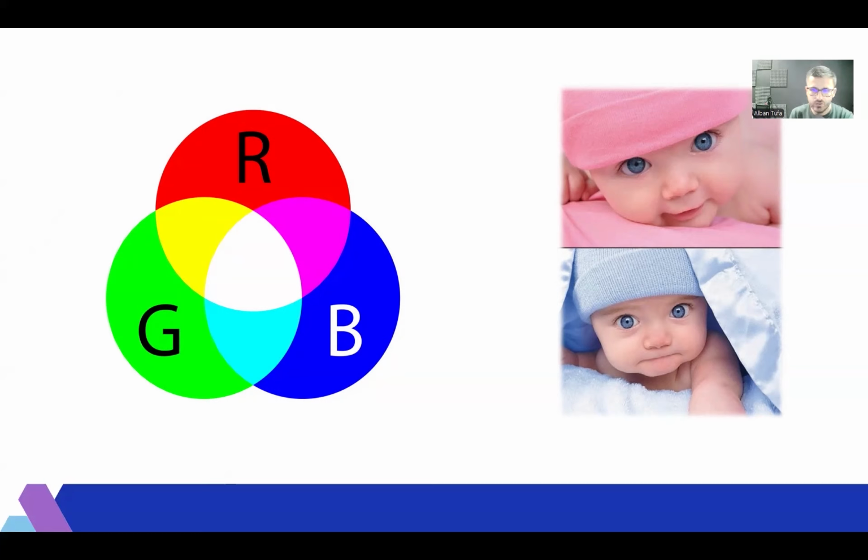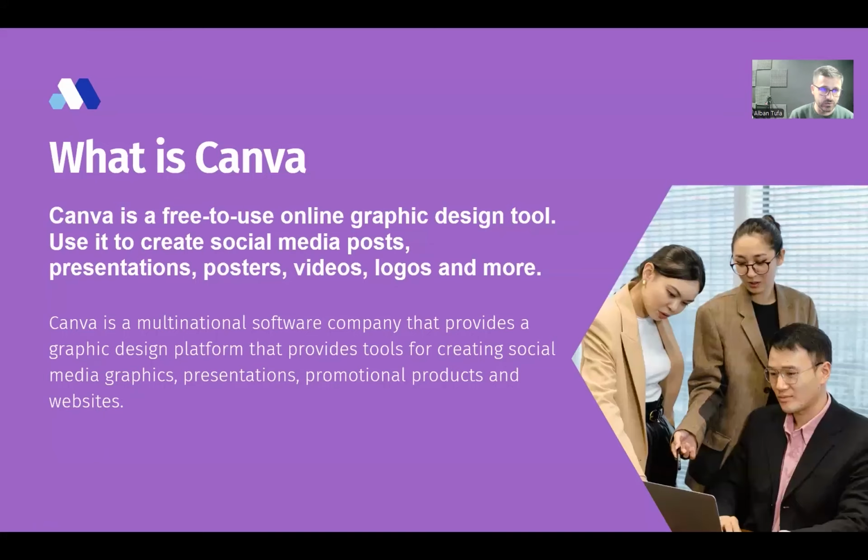We need to choose the best colors for our presentation. We need to choose maybe just 2 or 3 colors in the whole presentation, because it is easier to remember and it does not distract our students. But it depends, as I told you before, on what kind of presentation you are going to make.